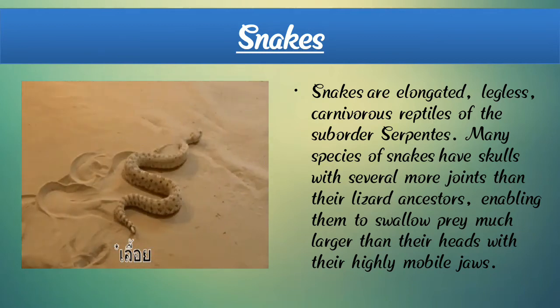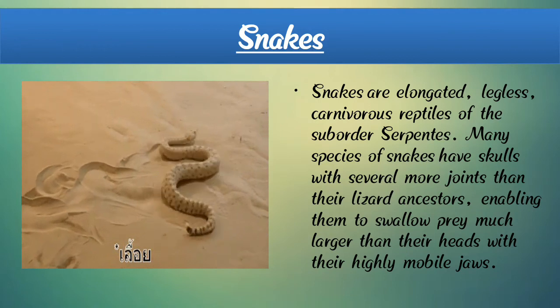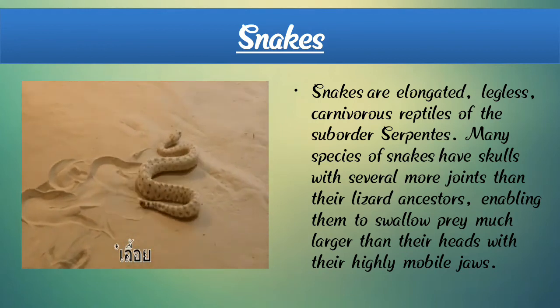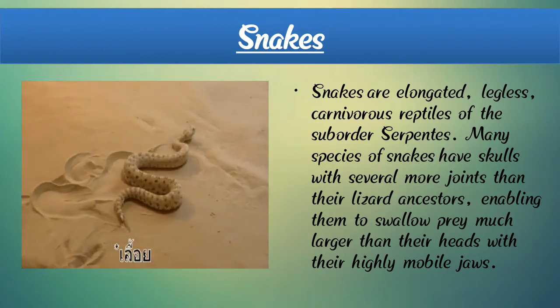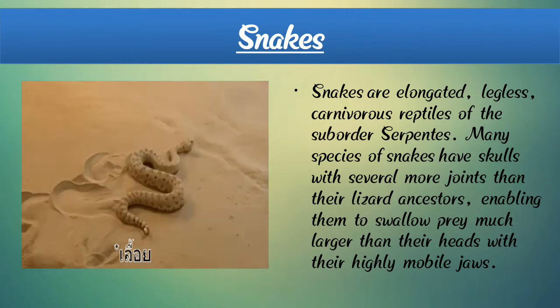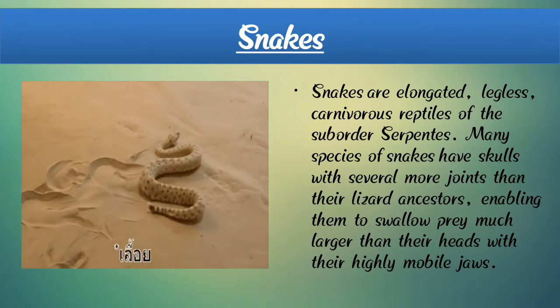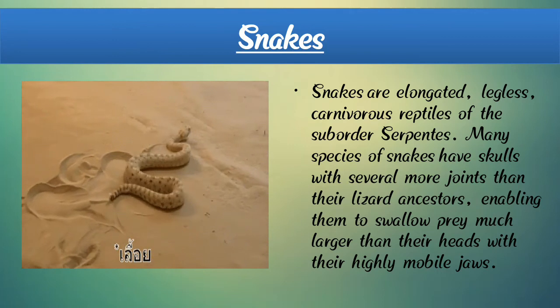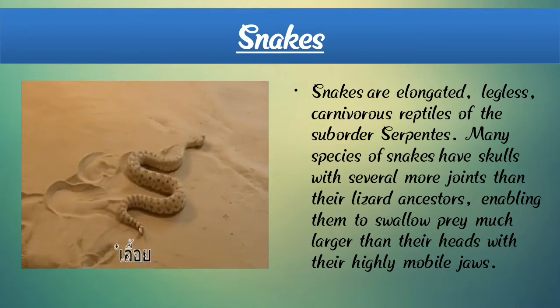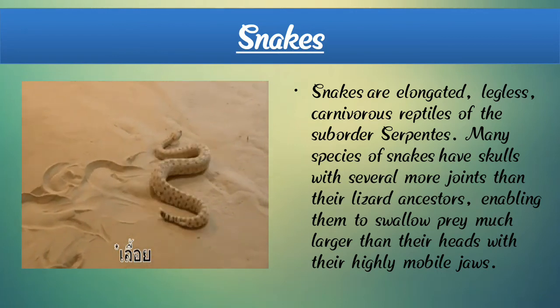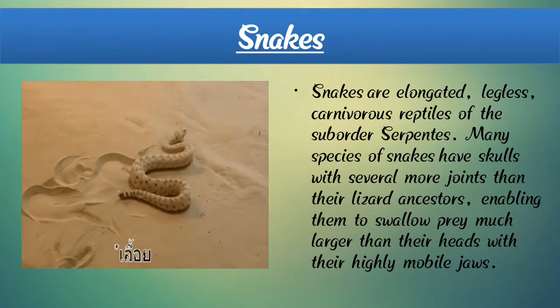Many species of snakes have a skull with several more joints than their lizard ancestors, enabling them to swallow prey much larger than their heads with their highly mobile jaws.